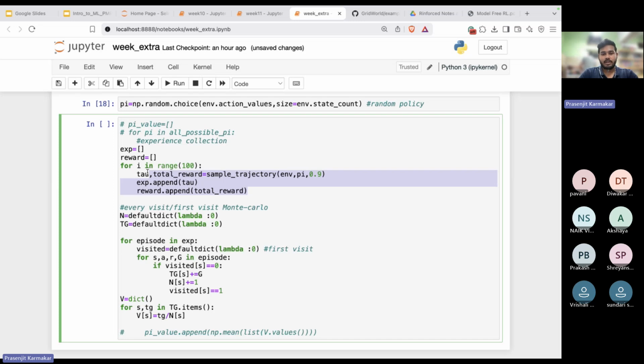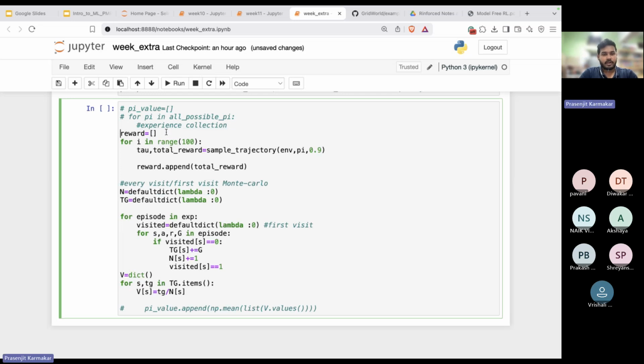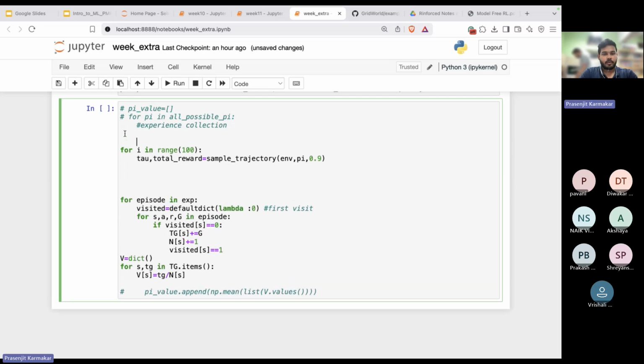I want to update as soon as I am observing them, right? So everything will be same. So trajectories, I get a tau. I don't store it. This part is not required. This reward, I don't care. Not useful for anything. Tau I have. So this nj, these things I should keep over top.